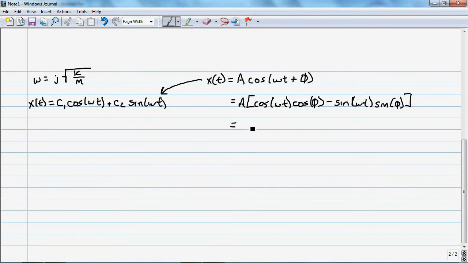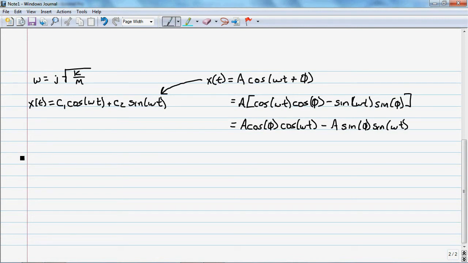And that means that we can rearrange this in a little bit different form. A cosine phi cosine omega t minus A sine phi sine omega t.